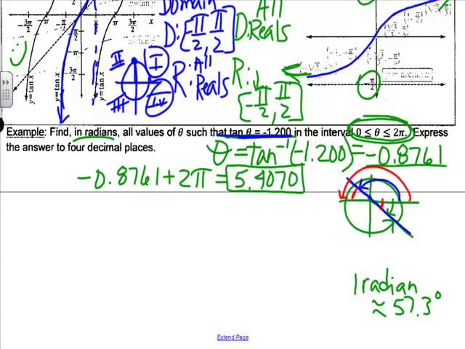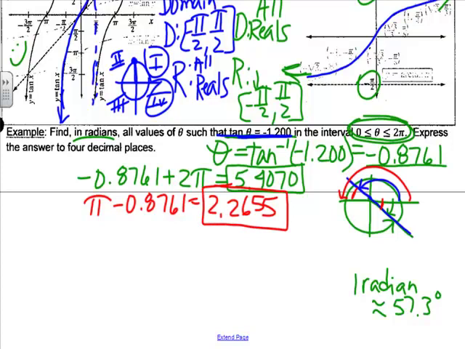And remember, we're doing this in terms of radians, so I'm going to take pi instead of using 180, and I'm going to subtract this measure here, which was 0.8761, and then that is equal to 2.2655. And there you have it.